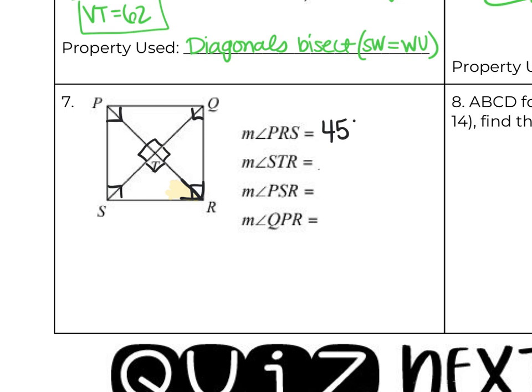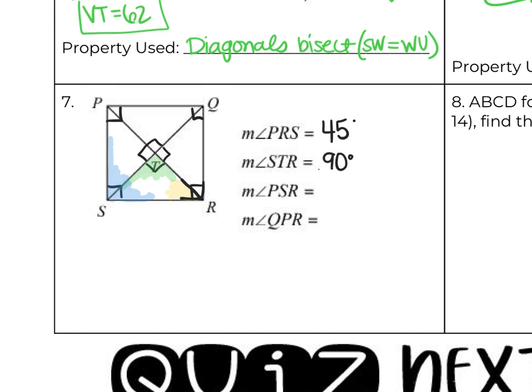Okay, next one is STR. STR is right here. Well, we already have that labeled there. It is a 90 because the diagonals bisect at perpendicular, or 90-degree, angles. PSR. That is here, so it's the whole thing.